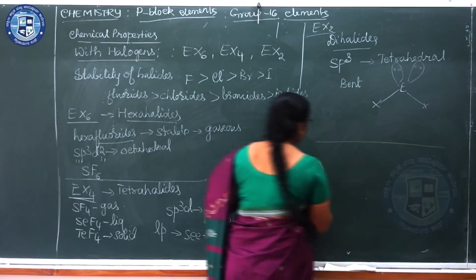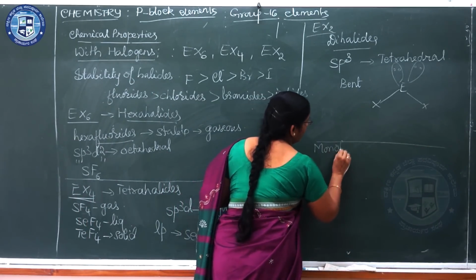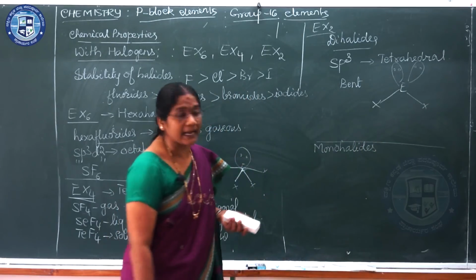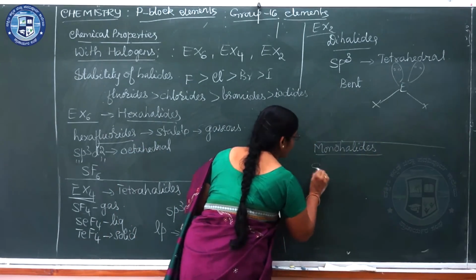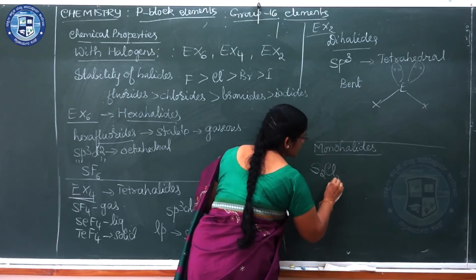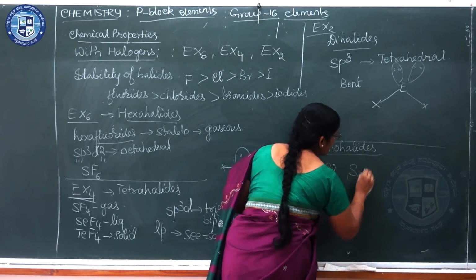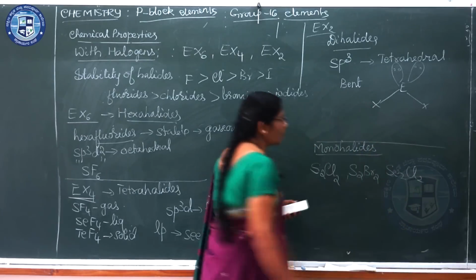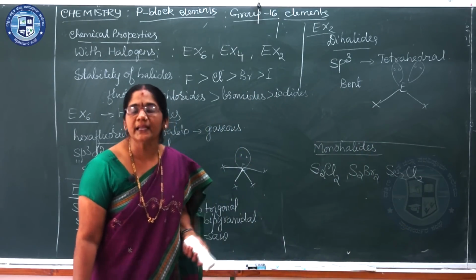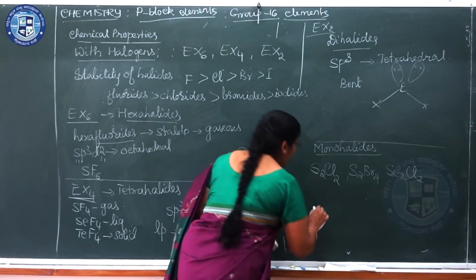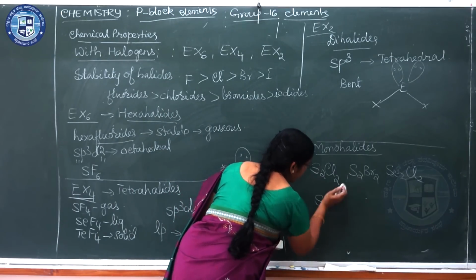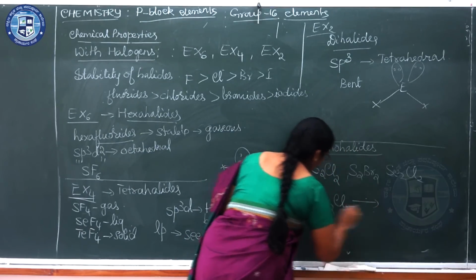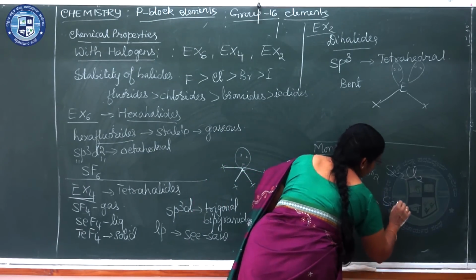And they also form monohalides, which are in the dimerized form. For example, S2Cl2, S2Br2, Se2Cl2. Monohalides are normally in the dimerized form, and these dimers normally undergo disproportionation.